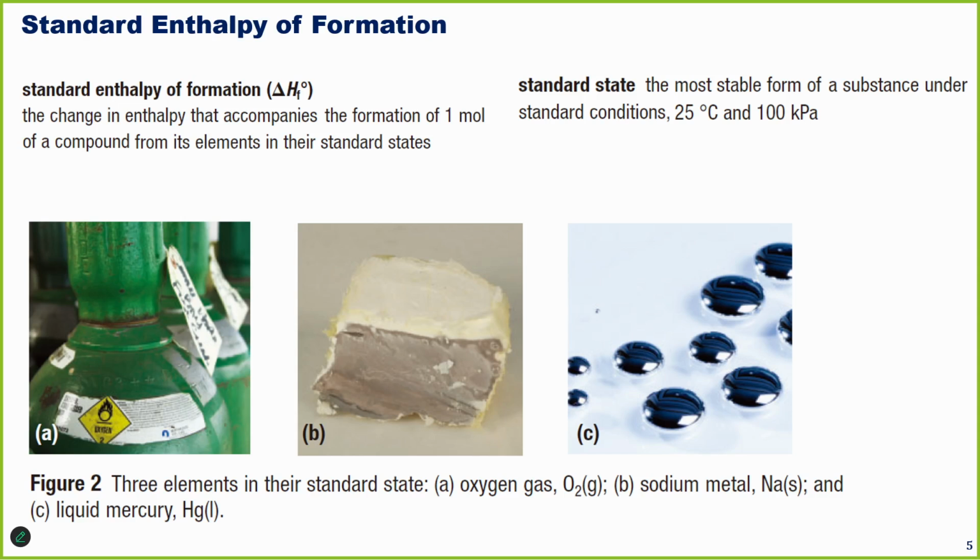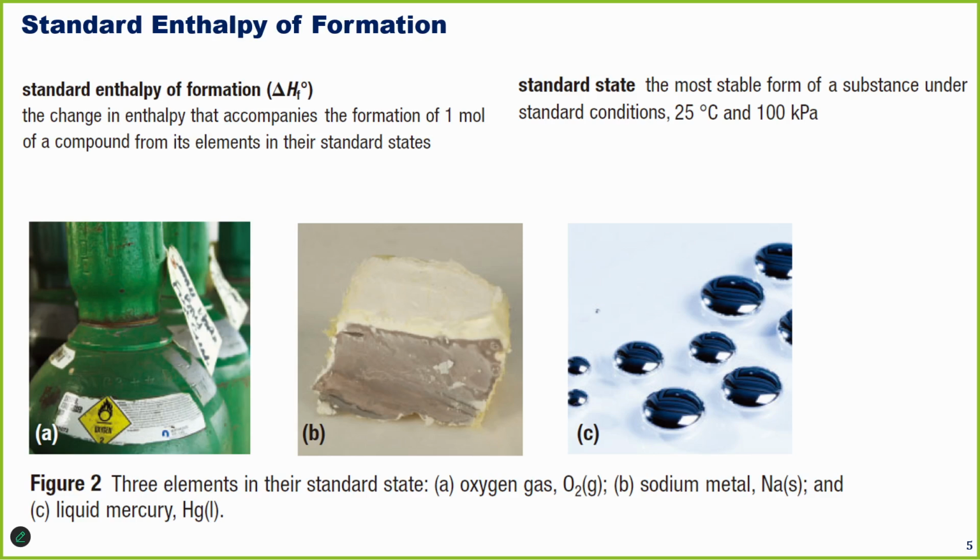A substance is in a standard state when it's in its most stable form at SATP. SATP stands for standard ambient temperature and pressure, which is usually 25 degrees Celsius, 100 kPa.